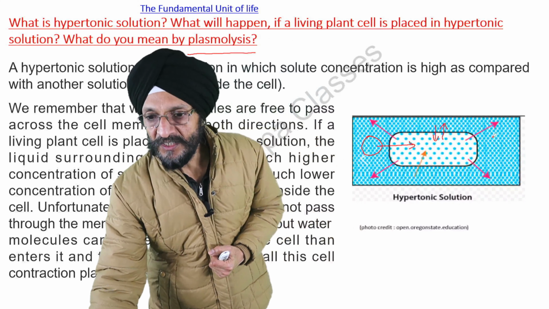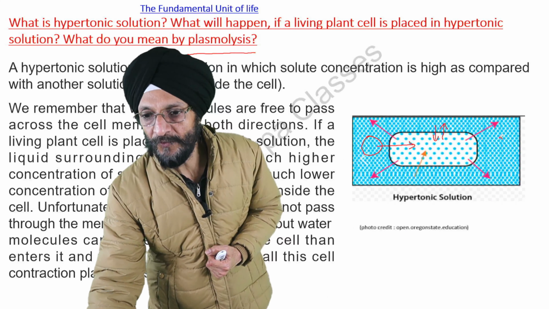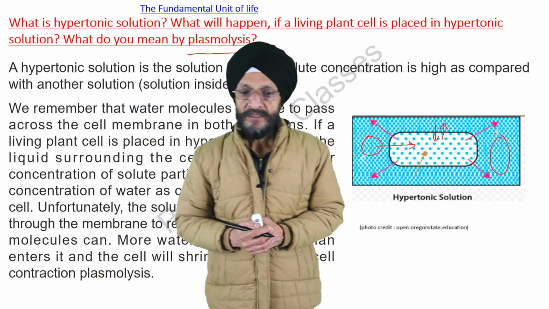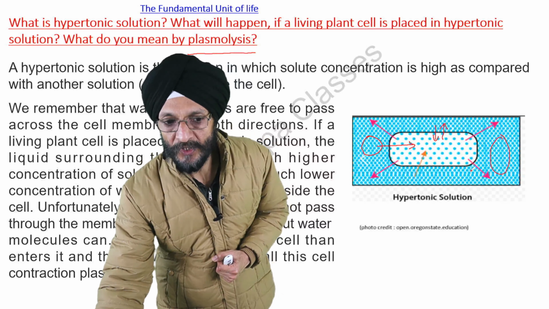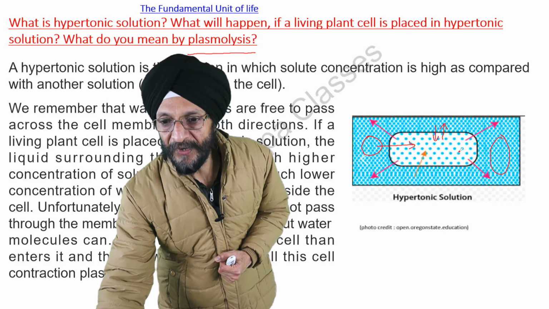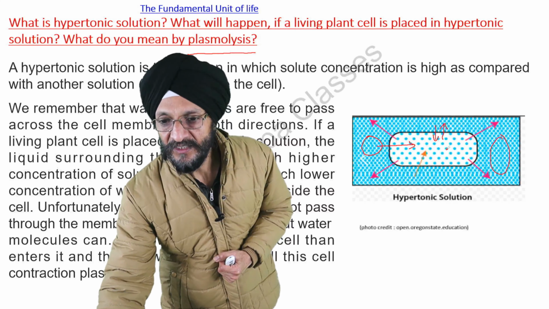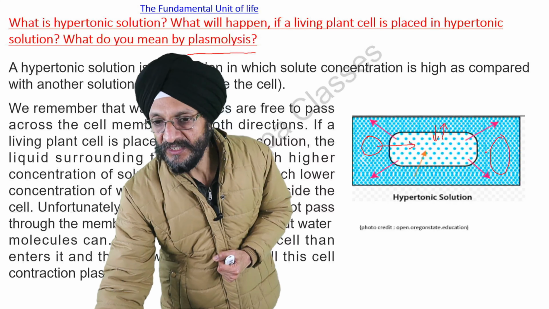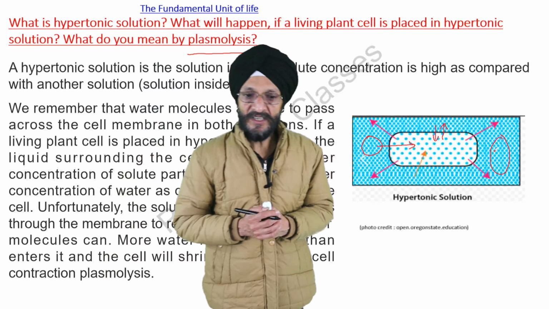The liquid surrounding the cell has a much higher concentration of solutes and the concentration of water is much lower compared to inside the cell. You can see for yourself that solutes are less inside the cell, water is more, whereas outside the cell solutes are more, water concentration is less.